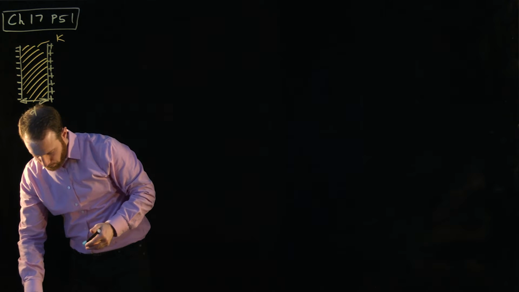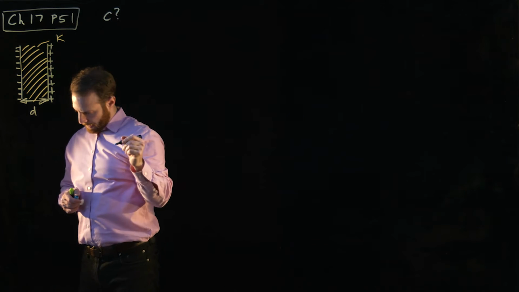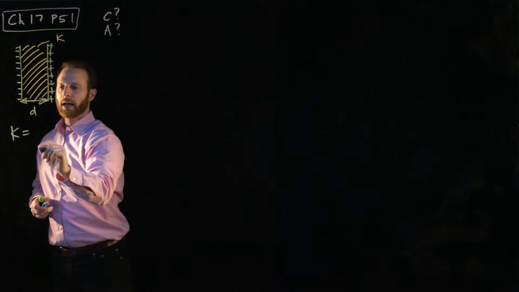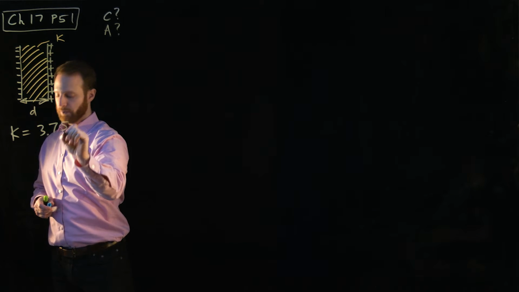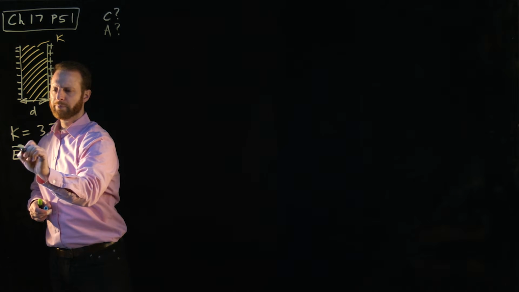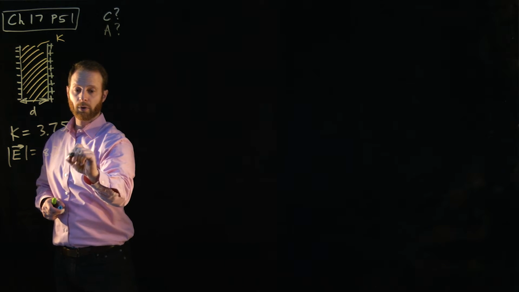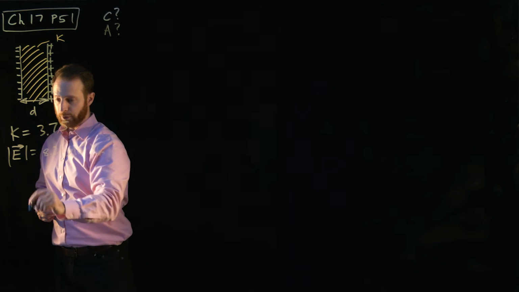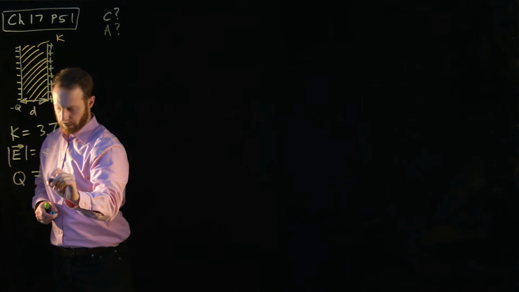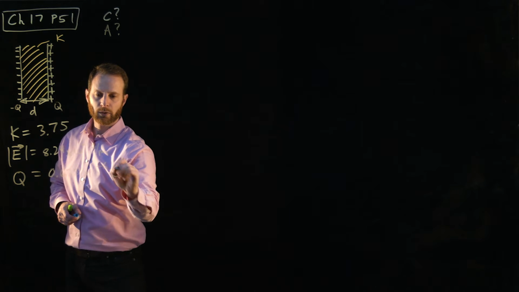And let's go ahead and write down the things that they want. We want to figure out the capacitance, C, and the area of each plate, A. They tell us the dielectric constant for paper, 3.75, the electric field magnitude is 8.24 times 10 to the 4 volts per meter, and the charge on each plate, plus Q and minus Q, is 0.675 microcoulombs, or 10 to the minus 6 coulombs.